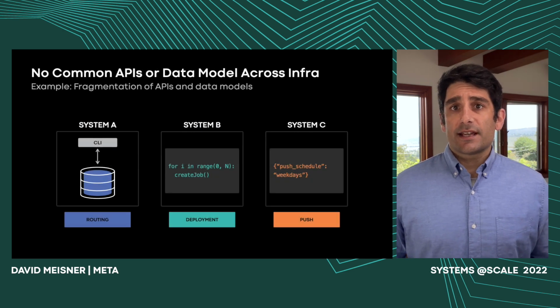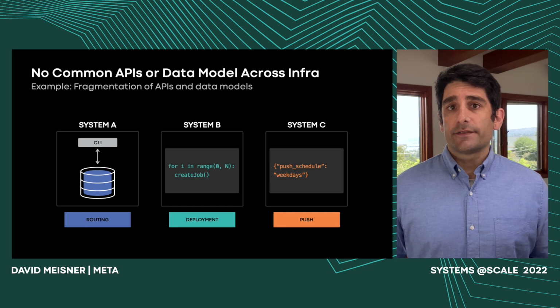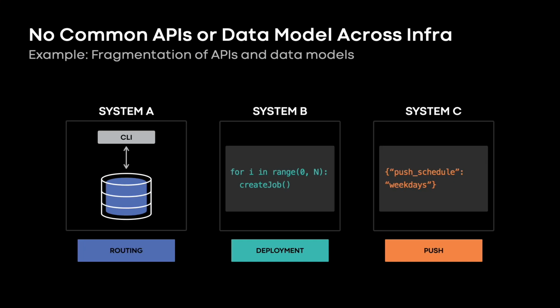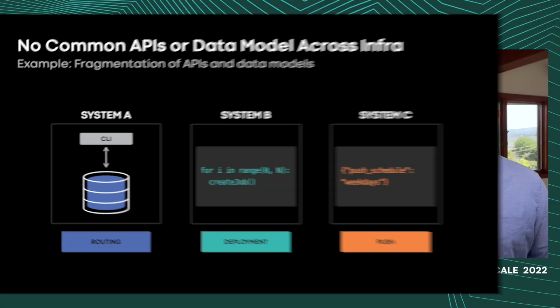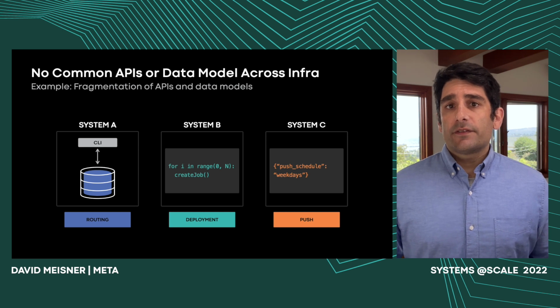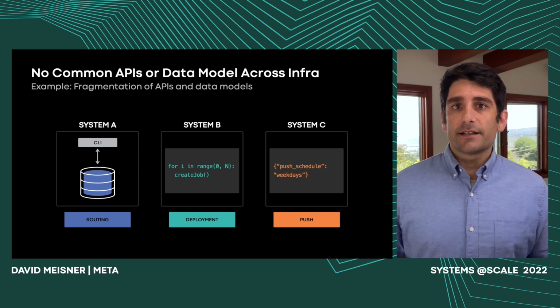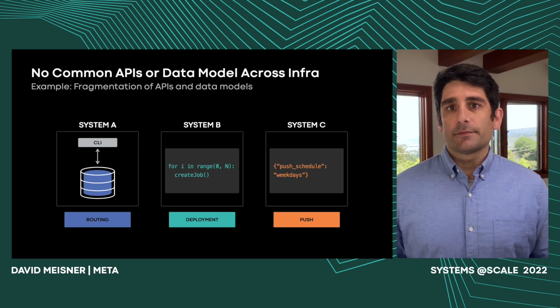I want to give you just a taste of why the current development workflow for service owners is complicated. And this is a bit of a simplified example, but it will give you a sense of why we need to improve this. As a service owner, you need to interact with multiple capabilities, and we call these domains, like routing, deployment, and push are all things that you need to have a properly running large-scale service. For a service owner today, they often need to interact with different systems that provide these capabilities, and this is a simplified example.